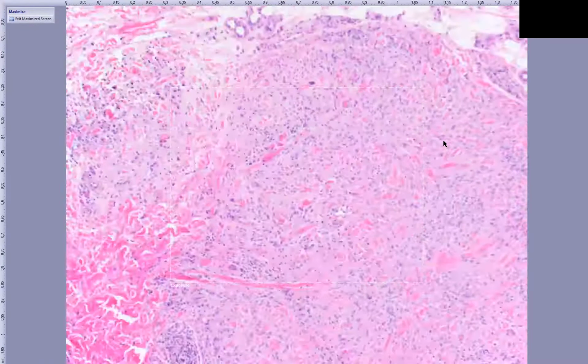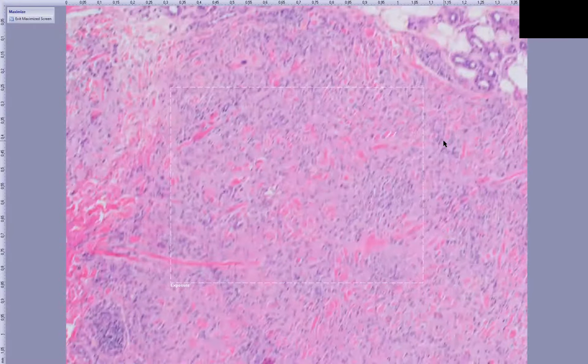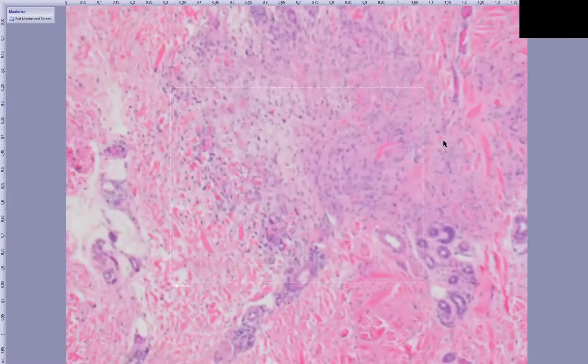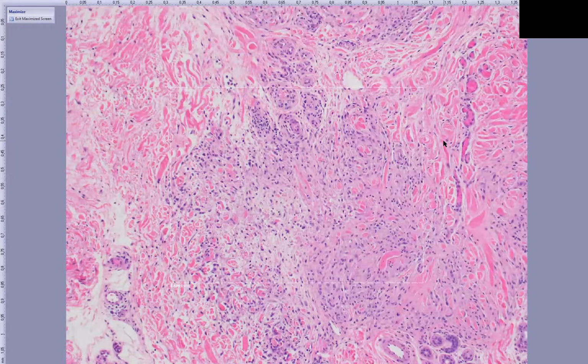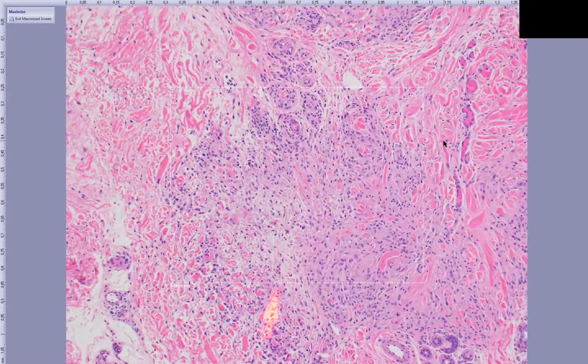Moving along, here we have a much larger zone, much larger collection of epithelioid histiocytes organized in somewhat of a palisade. And then we have another palisade here with some, again, mucinous collagen degeneration centrally.